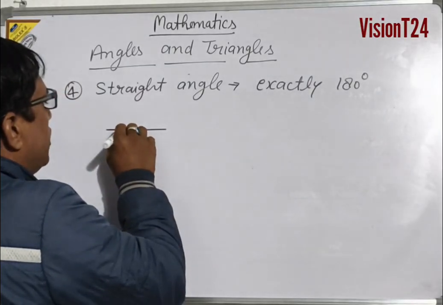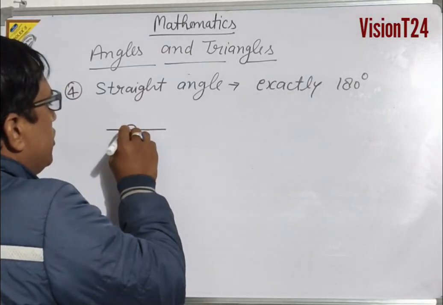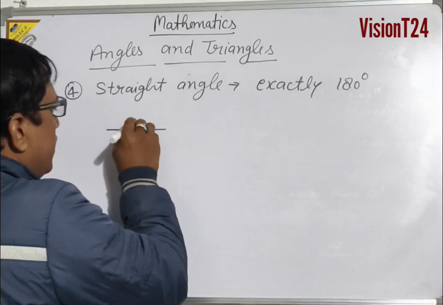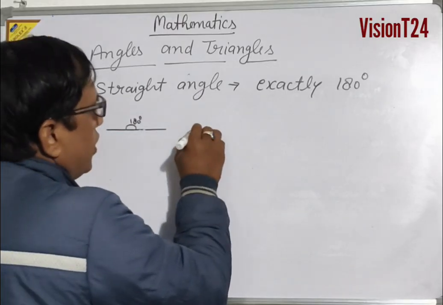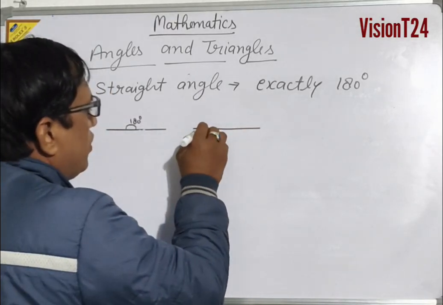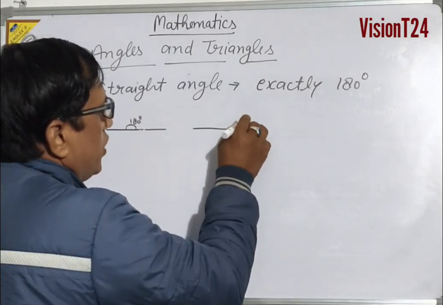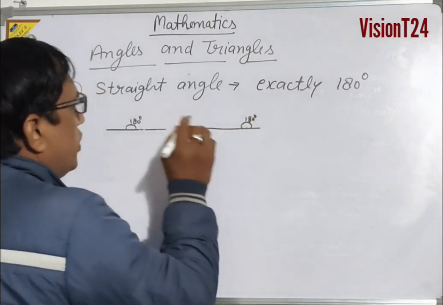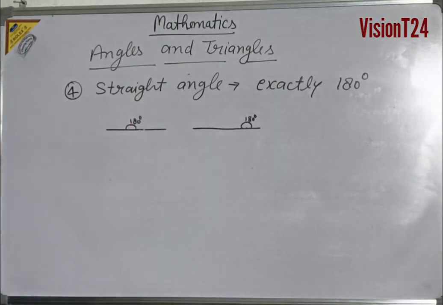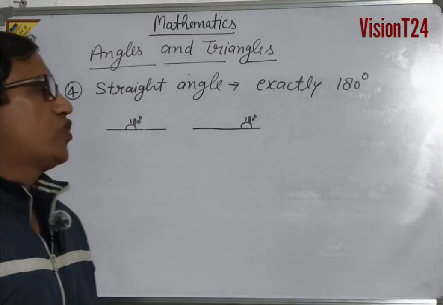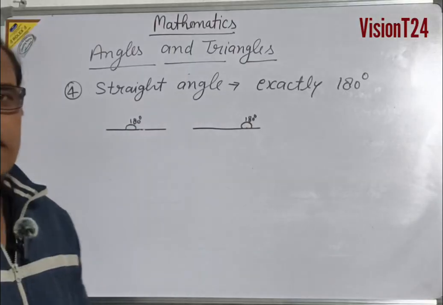At this point, suppose their angle is there, so this is 180 degree. Another angle if I draw, at this point, this will also be 180 degree. So 180 degree straight line is called straight angle, right?